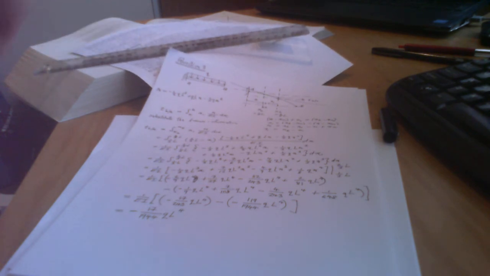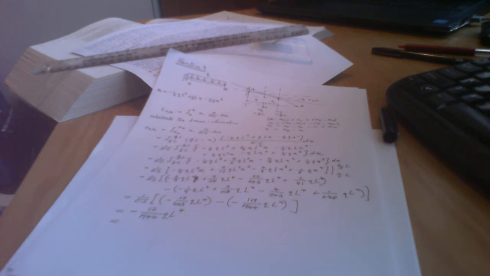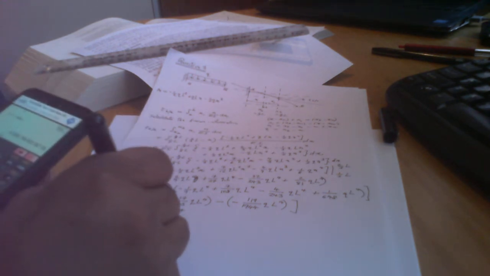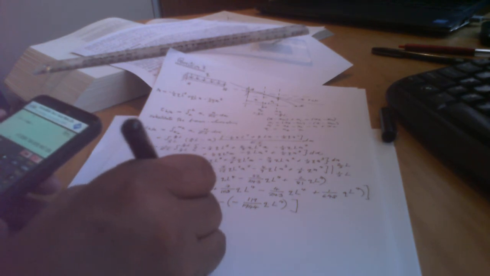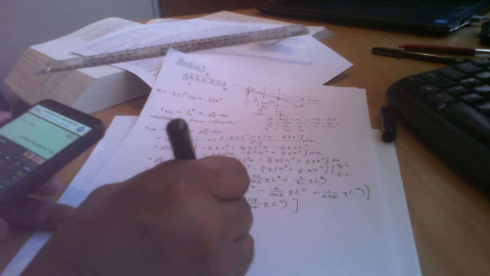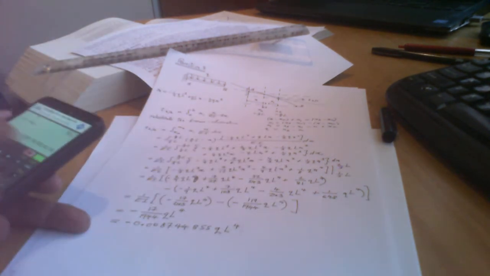Now, we can divide it through to get some decimal places. What do we have? 17 divided by 1944 is equal to minus 0.008744 QL to the 4th power.